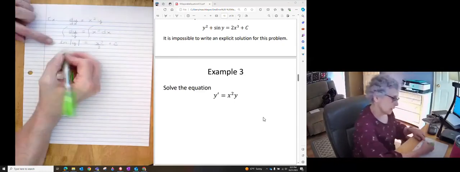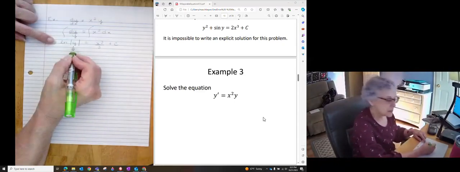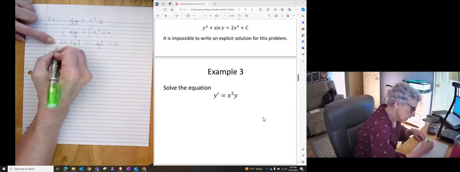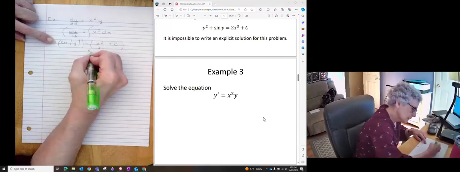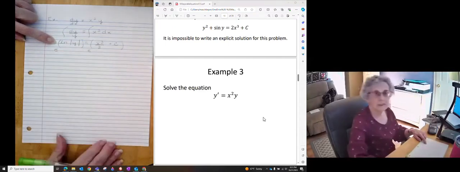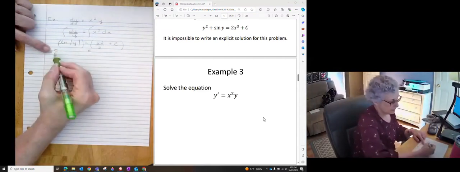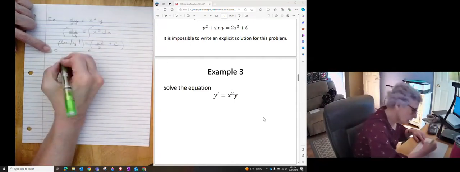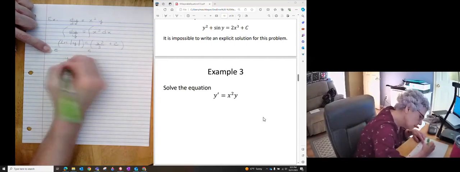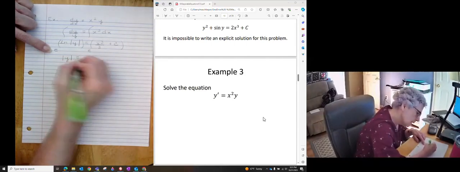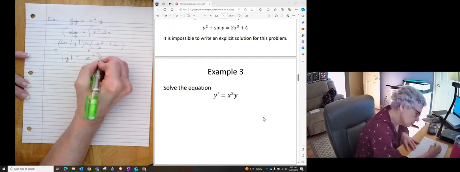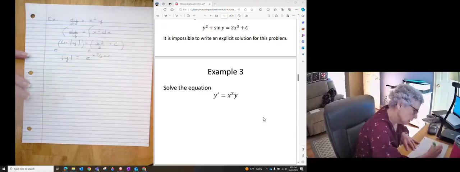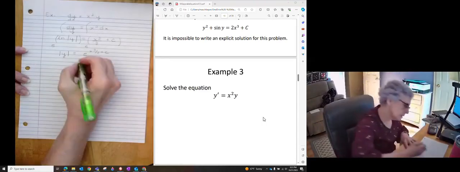Or, if we want an explicit solution, we make each side the exponent of e, because e to the natural log of y is just equal to y. And then I have e to the x cubed over 3 plus a constant.